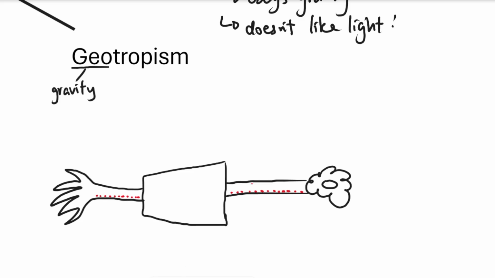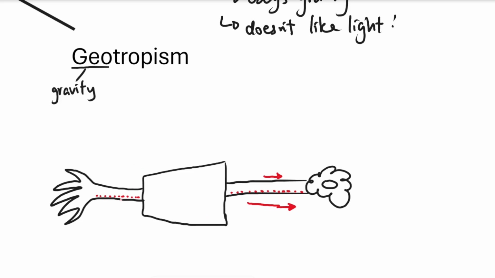Now this is the interesting thing. As we mentioned in phototropism, an increase in auxin concentration is going to increase the shoot growth. So you can see here that because there's more auxins on the bottom, it's going to grow faster, whereas the top bit that has less auxins is going to grow slower. However, it's actually the opposite when it comes to the roots.